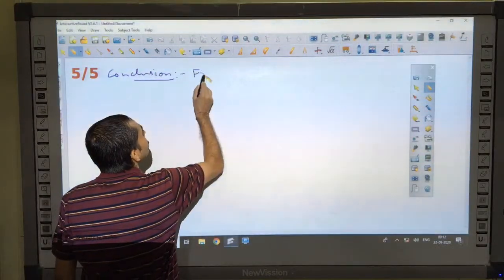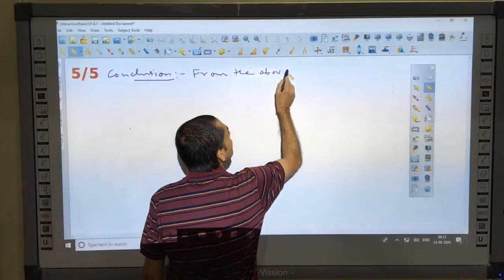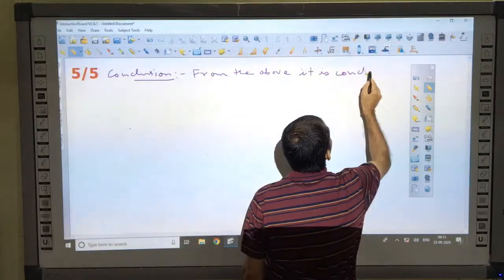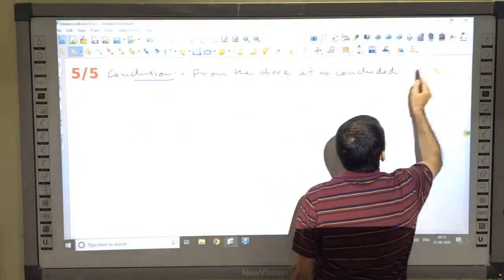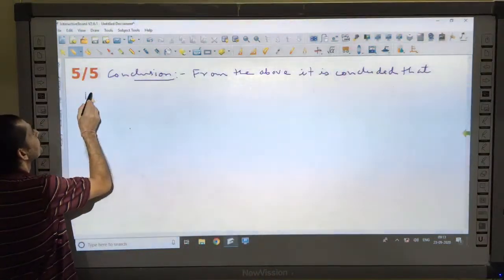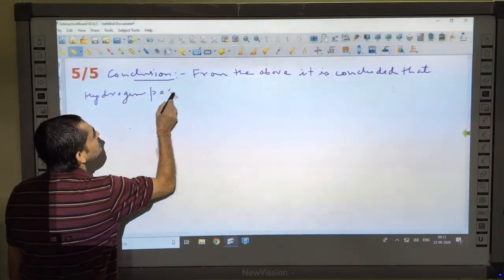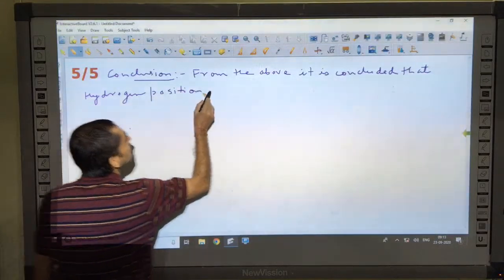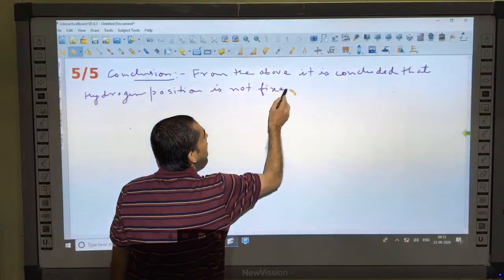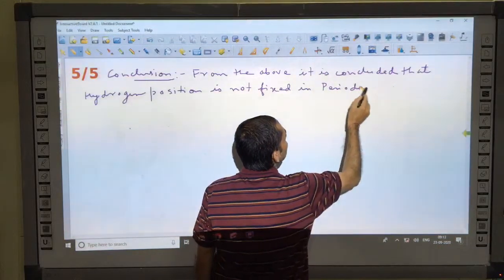From the above, it is concluded that hydrogen position is not fixed in periodic table.